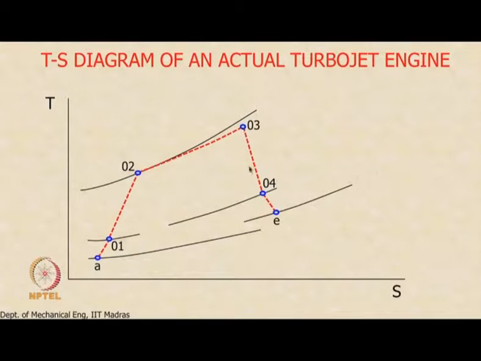And 03 to 04 is the expansion process in the turbine, which once again, because of irreversibilities, you can see that the state point shifts to the right, and if the expansion had been isentropic, we would have just gone down here.